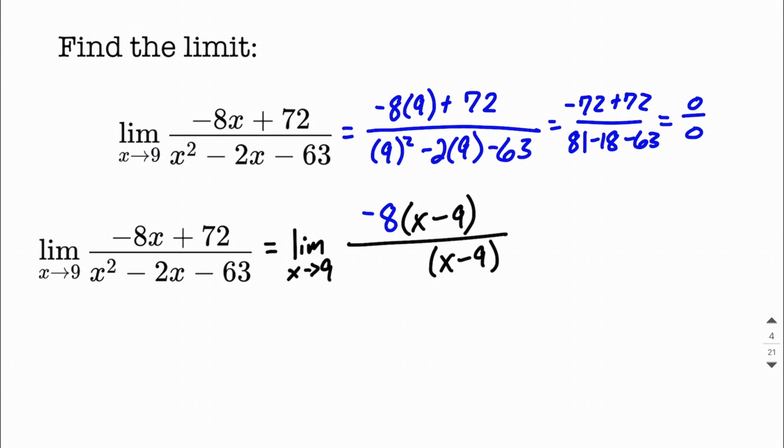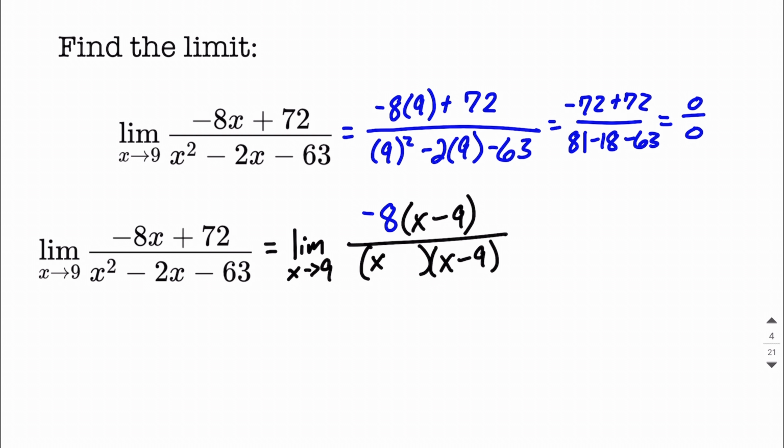We also want to double check and make sure if you were to redistribute that, negative 8 times negative 9 makes the positive 72 for the constant. All right, for our denominator, we have one of our factors. To get the other factor, it's not just going to be a common factor this time. I think it's going to have to be a binomial. So we should be thinking to ourselves, x multiplied by another x will produce the x squared, the first term.